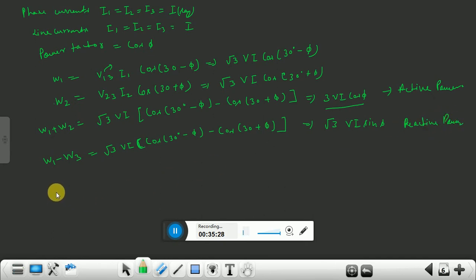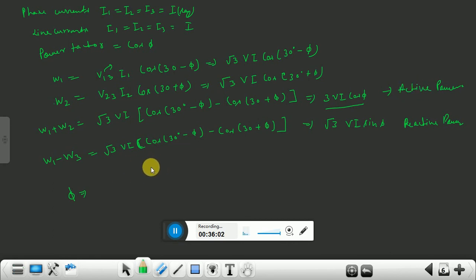Reactive power. Okay, suppose you calculate phi. So for phi, take a tan operation. In tan operation, perpendicular upon base. So perpendicular means reactive power, and base is your active power.